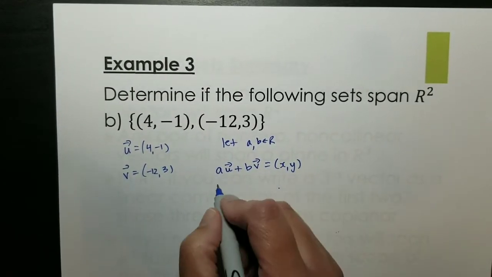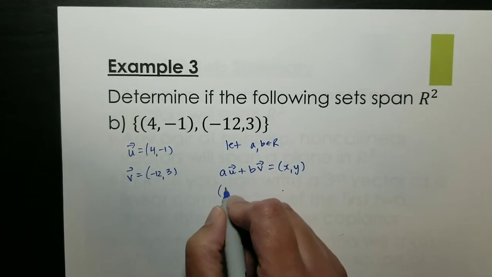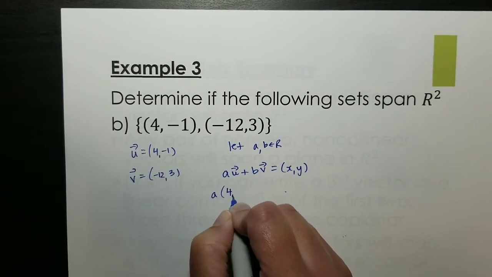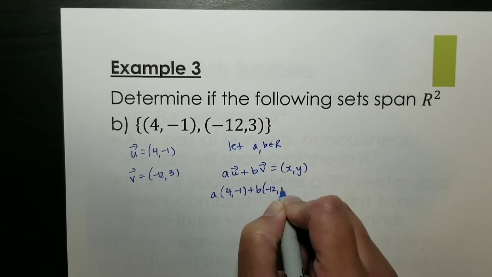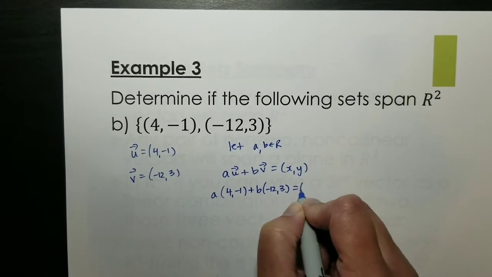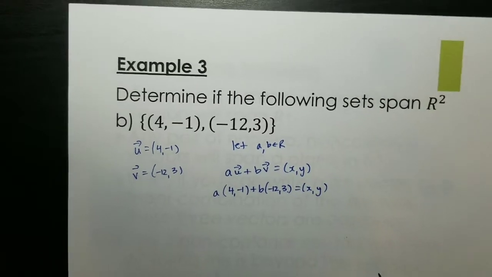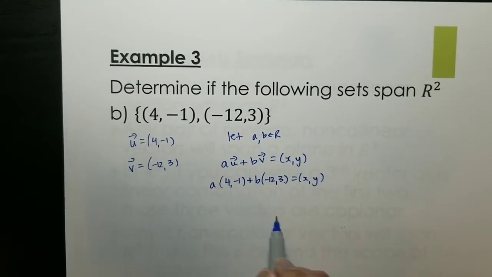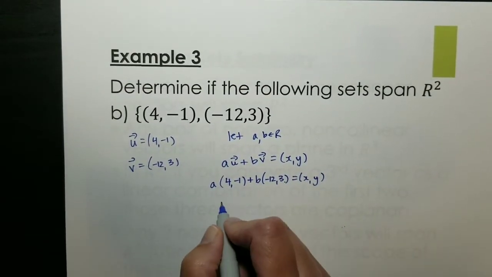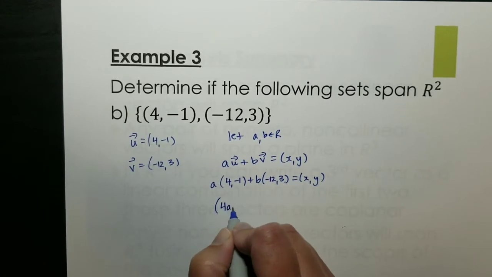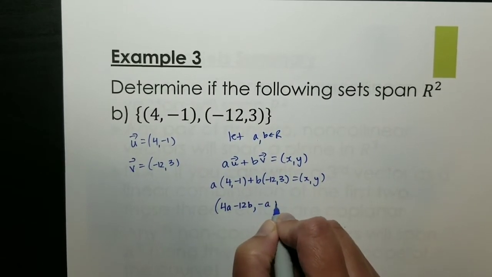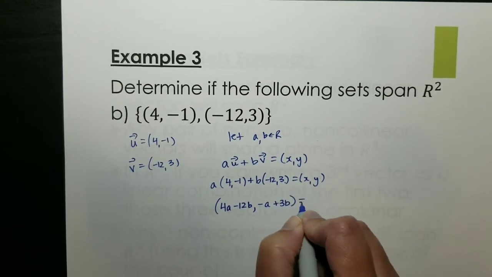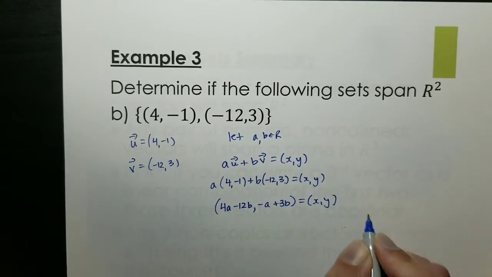Now, if we have a times 4, negative 1 plus b times negative 12, 3, and I'm going to go through the same kind of idea. I'm going to get 4a minus 12b and negative a plus 3b equals x and y.